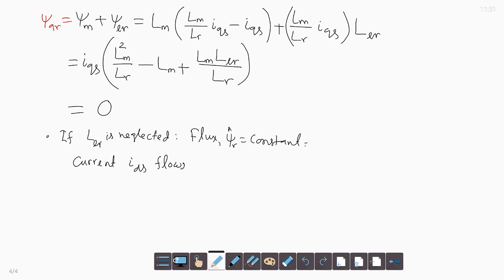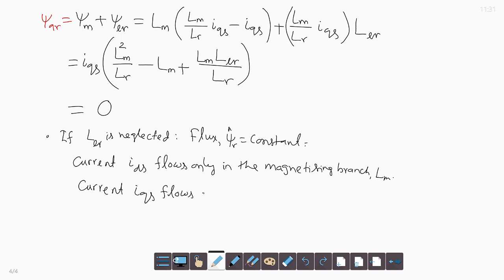Current I ds flows only in the magnetizing branch, which has the inductance L m, and in that case current IQS flows only in the rotor branch, which has a resistance R R.